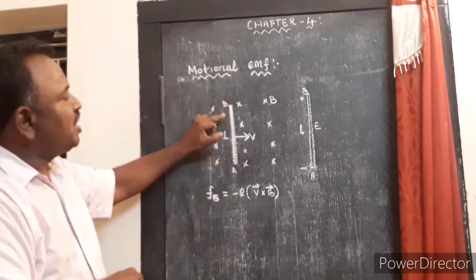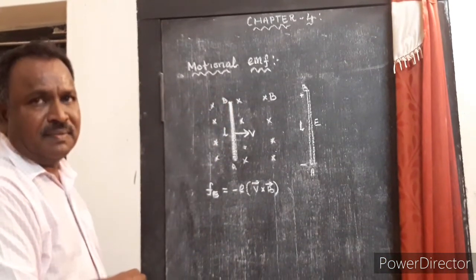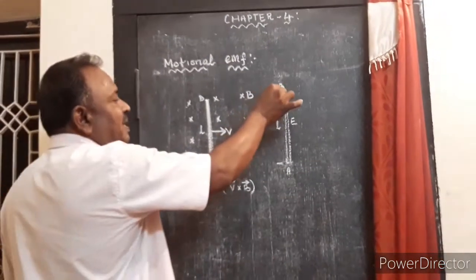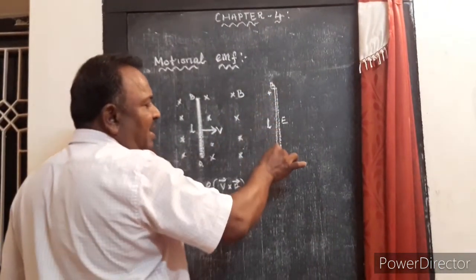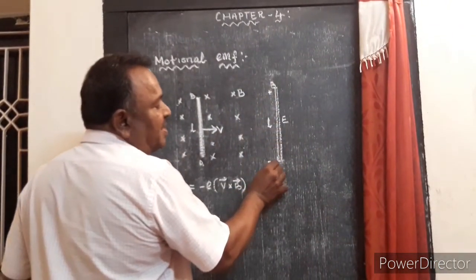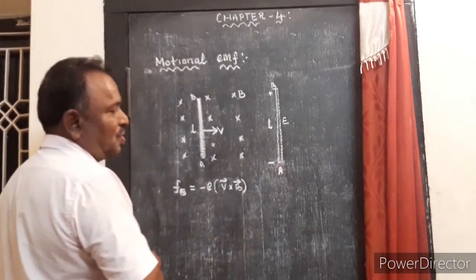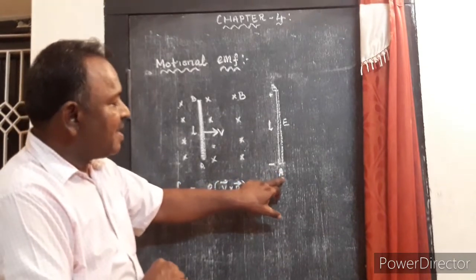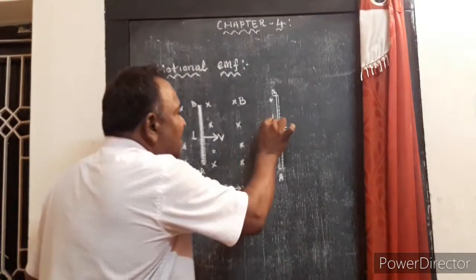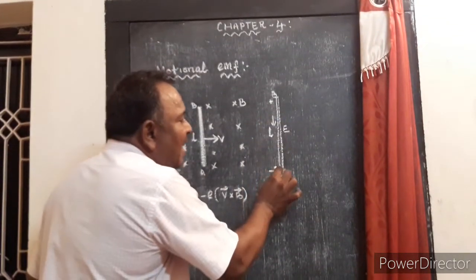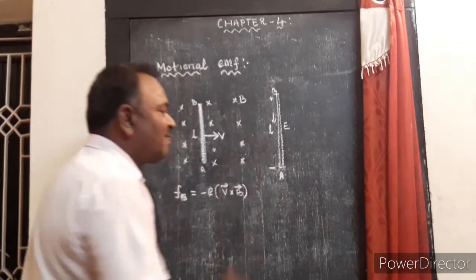Because of this induced EMF, there is a flow of current. All the electrons will flow in one direction and begin to accumulate at one end of the conductor.